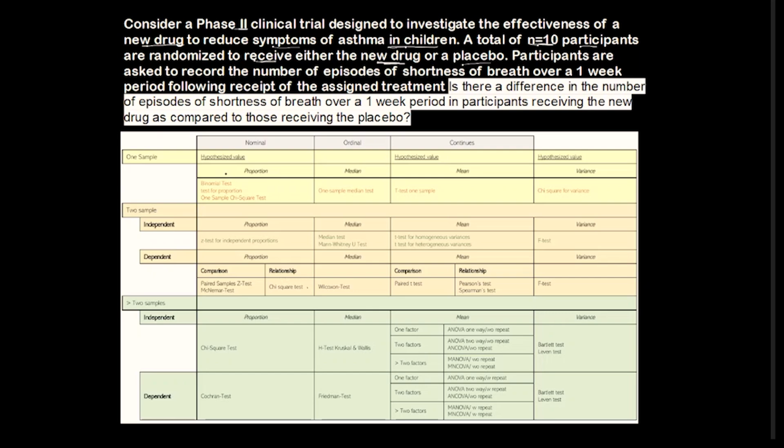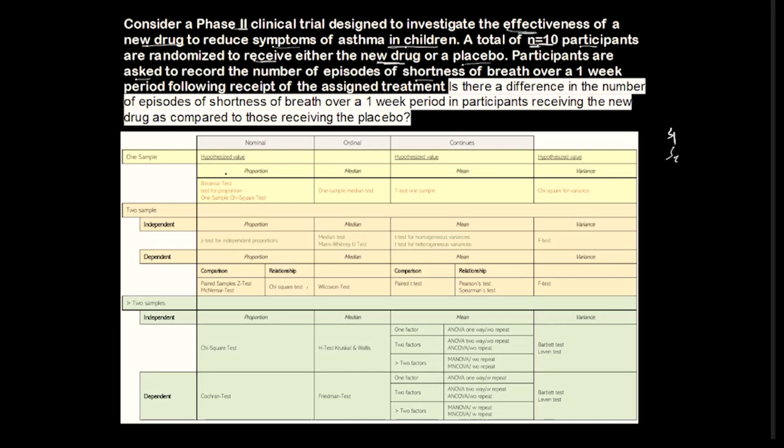Participants are asked to record the number of episodes of shortness of breath over a 1 week period following receipt of the assigned treatments. Is there a difference in the number of episodes of shortness of breath over a 1 week period in participants receiving the new drug as compared to those receiving the placebo?